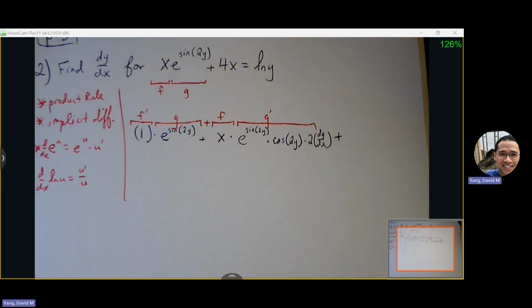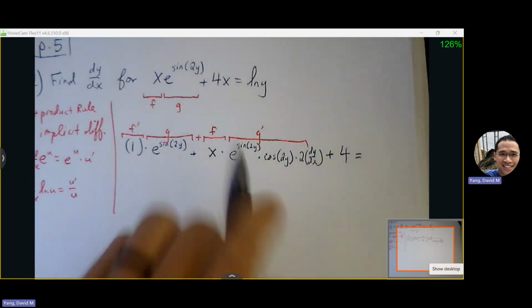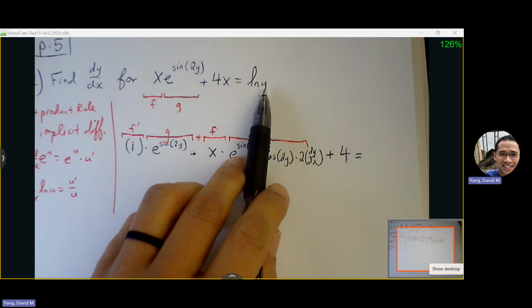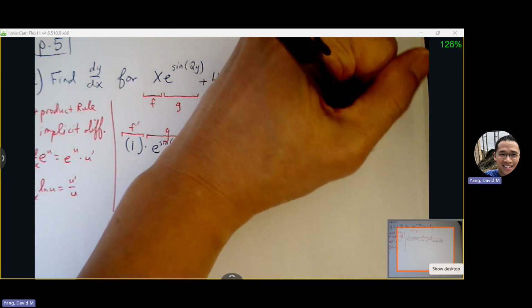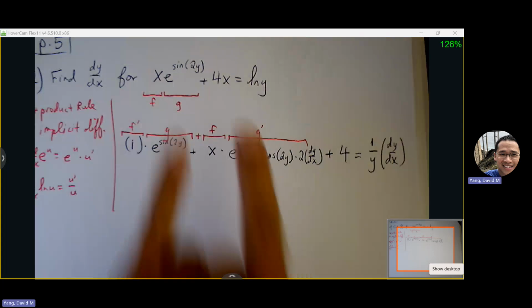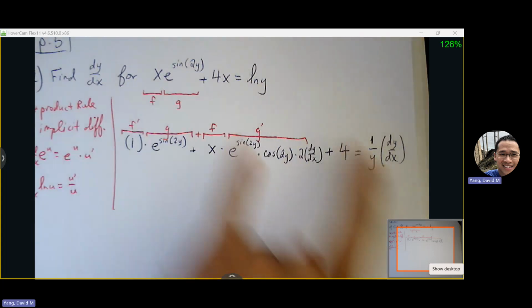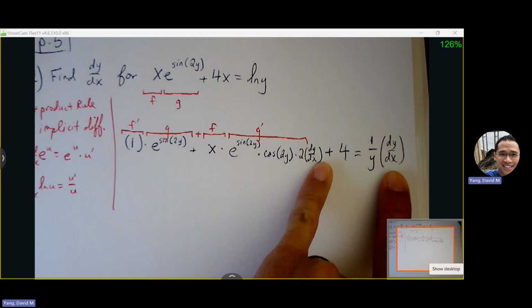Okay, 4x becomes 4. Natural log of y becomes, the rule for natural log of u is u prime over u. So 1 over y and dy dx. Okay, we have two y variables to begin our equation. So we should be expecting 2 dy dx's in our derivative step.